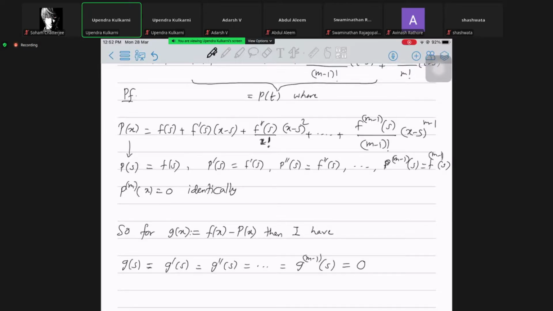So I want to use, and I can use, the mean value theorem for g.